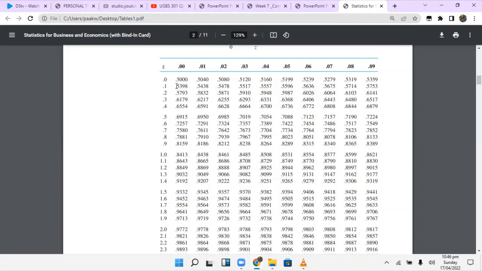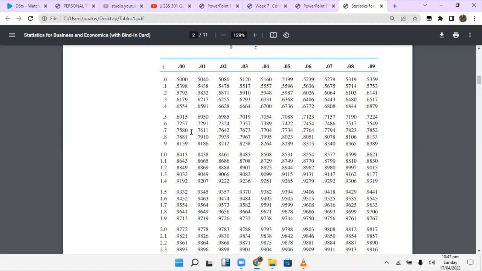I'm saying that this 0 here corresponds to the 0.00 here. The same 0.0 here corresponds to what? The 0.00 where they meet here. You get it?